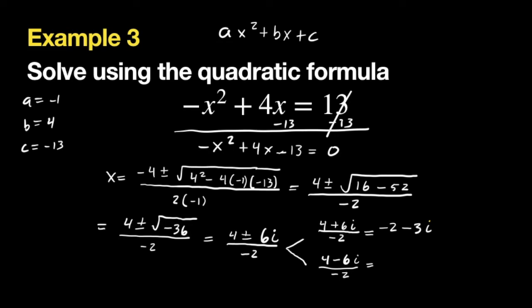That means that we're going to do 4 divided by -2, which gives us -2. -6 divided by -2 is going to give us +3. So in this case, our answer is going to be x is equal to -2 - 3i and -2 + 3i.